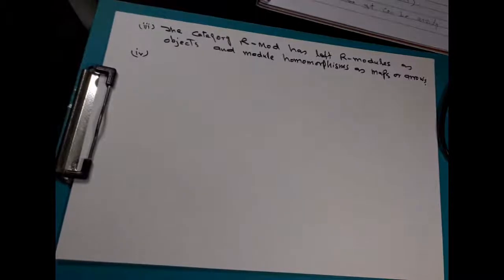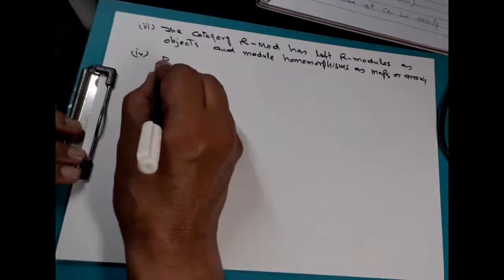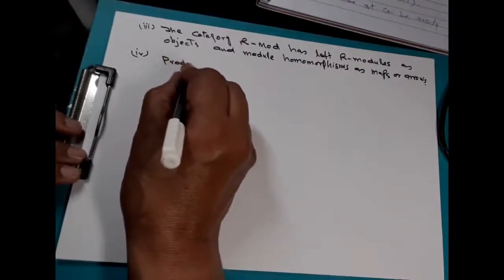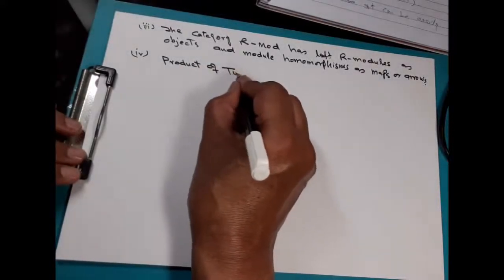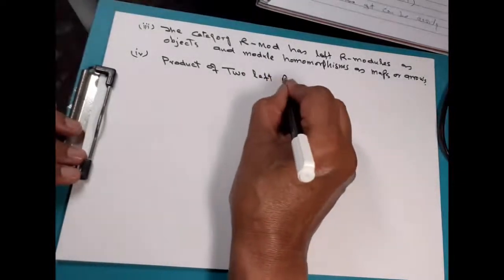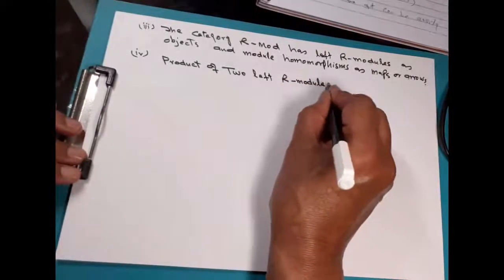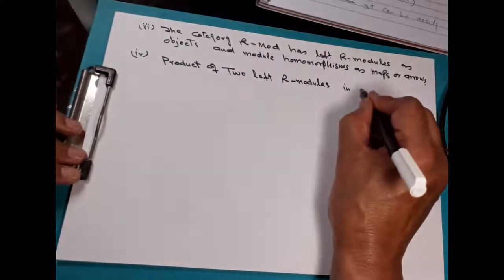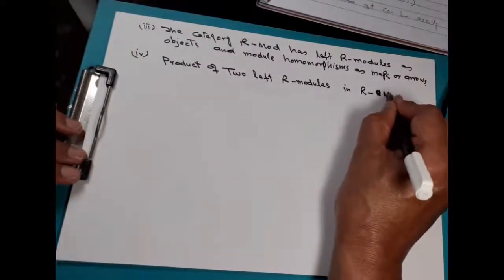Now we come to construction of product of two R-modules in the category R-Mod. So product of two left R-modules in the category of left R-modules, which we have denoted by R-Mod.